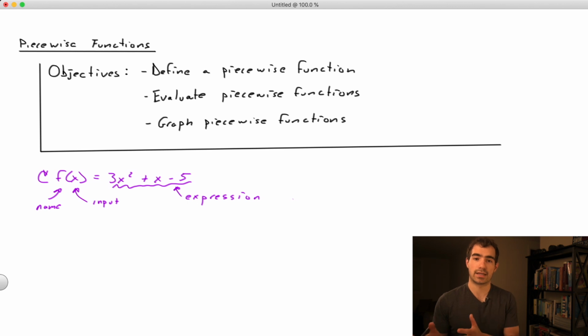And that right-hand side is built on a single expression which applies to all values of x.